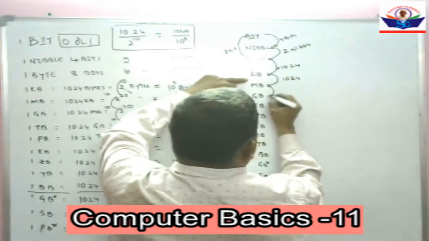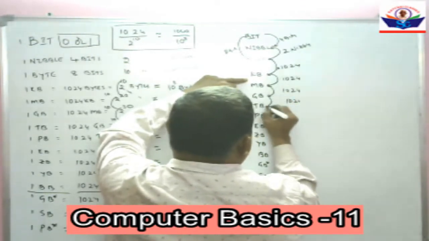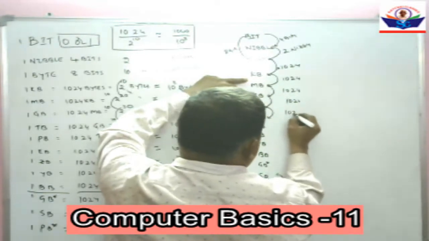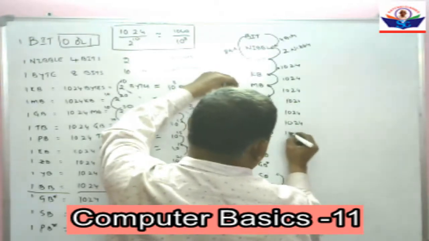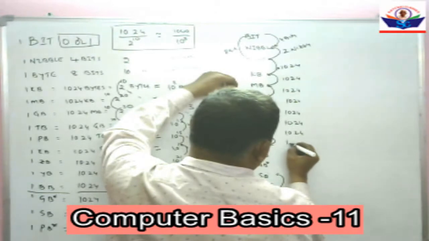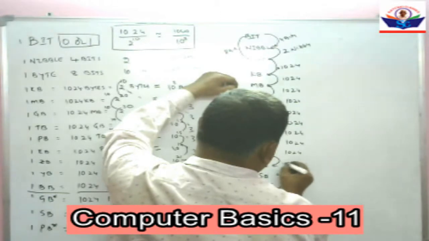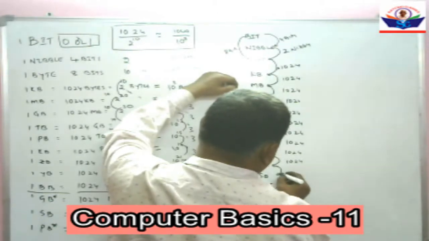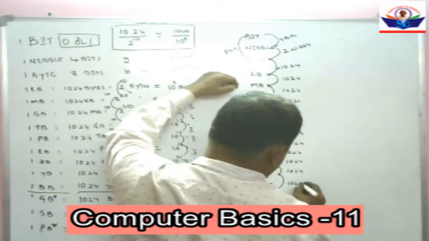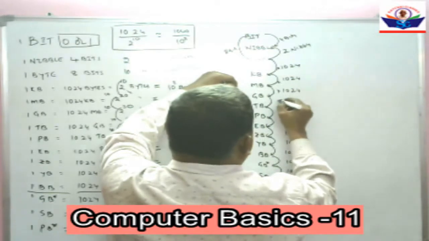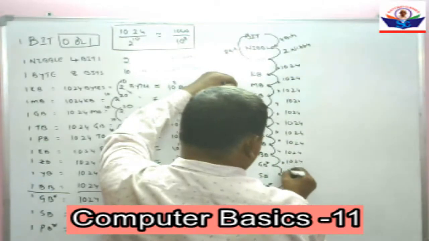1024 multiplied with 1024 multiplied with 1024, and so on. That means if we want to convert from one unit to another, we have to multiply.